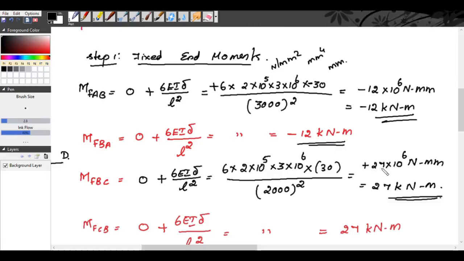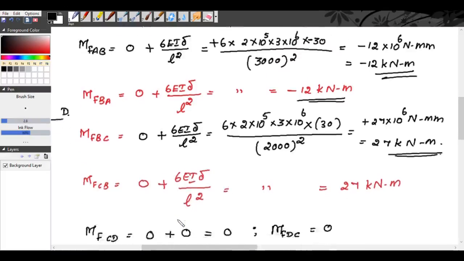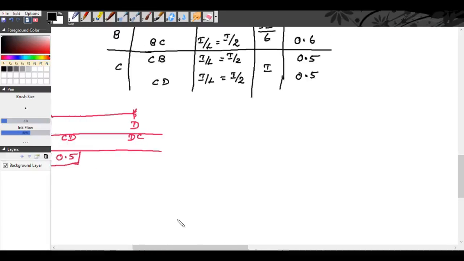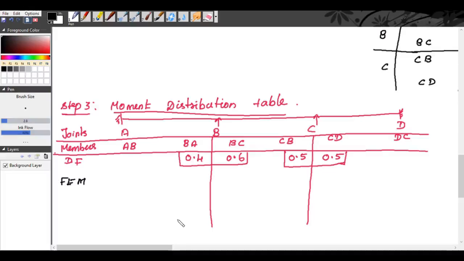For BC plus 27 and for CB plus 27. For CD and DC, since there are no external loads and no sinking of supports, we do not have any fixed end moments here.